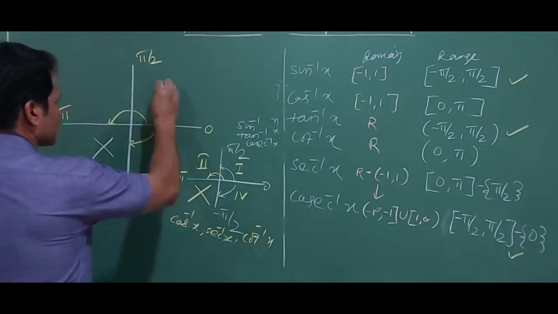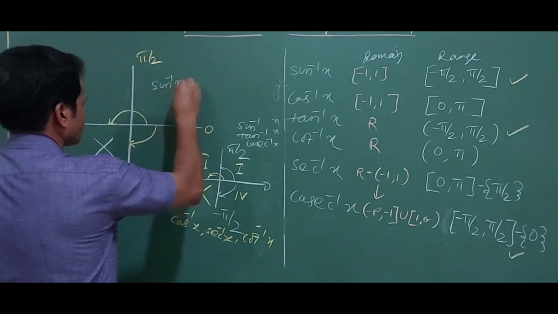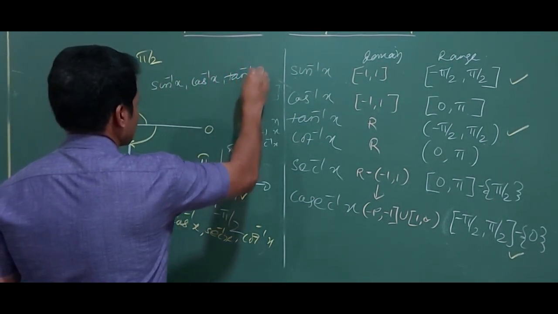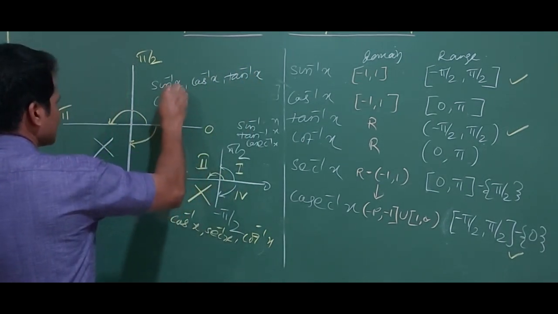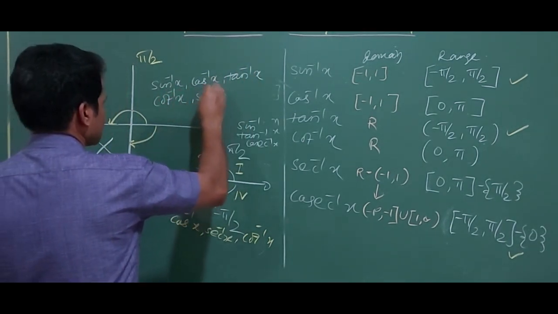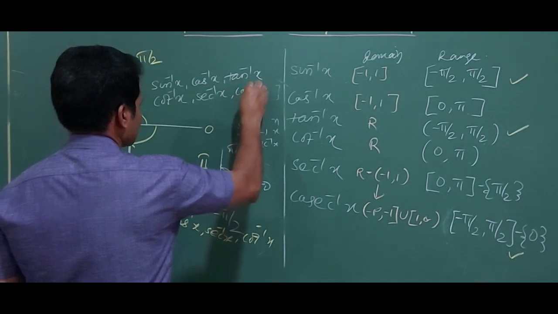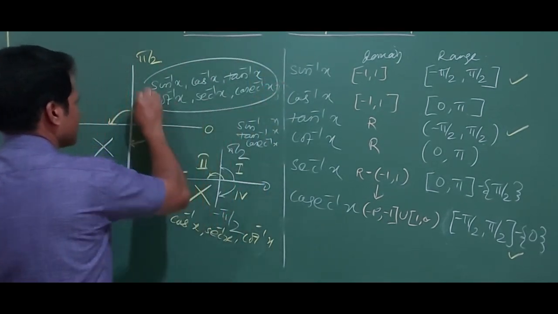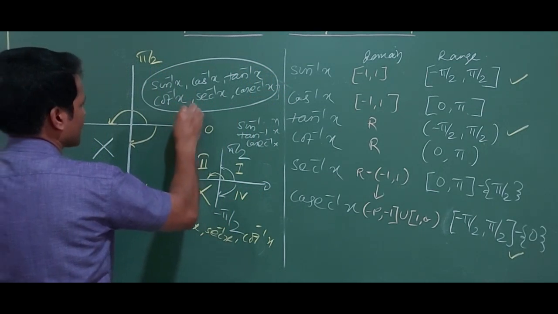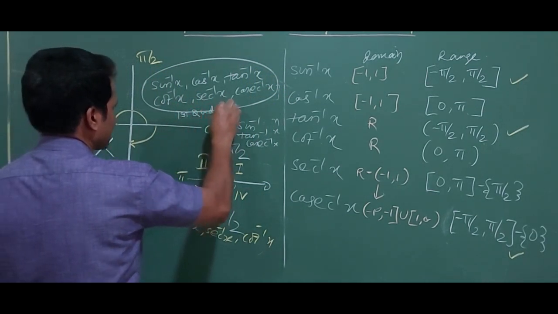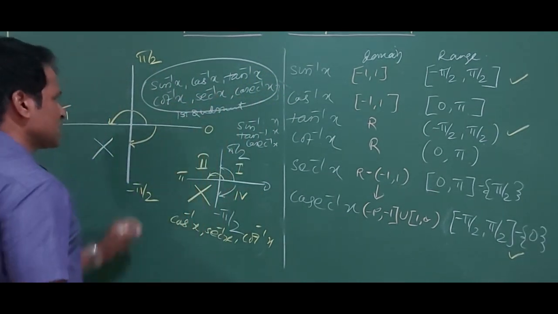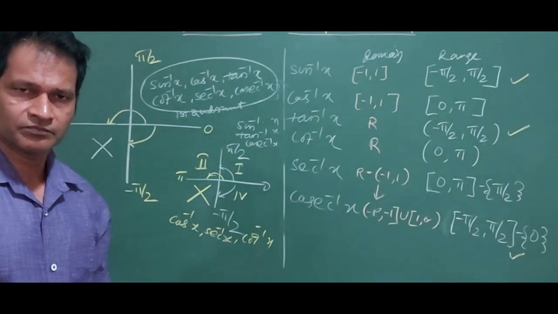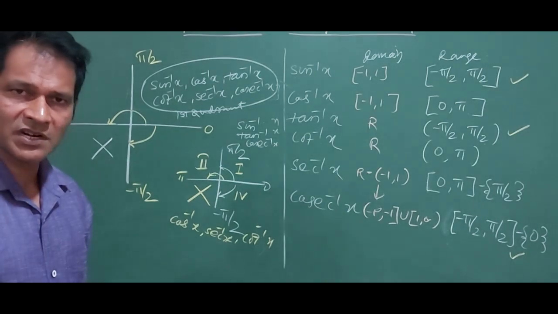All positive values: sin inverse x, cos inverse x, tan inverse x, cot inverse x, sec inverse x, cosec inverse x. If they are positive, it is the first quadrant only. No second, no third. That means all inverses which are positive have to lie in the first quadrant.